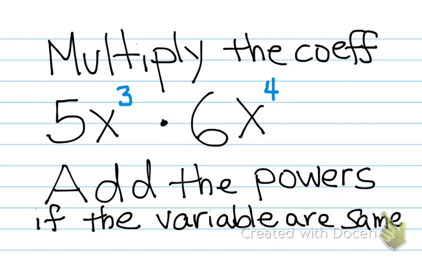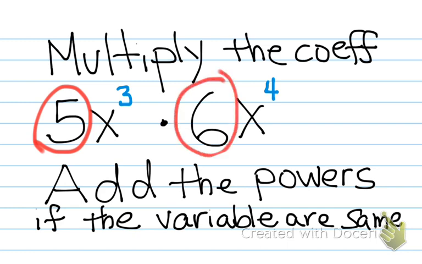Okay, so let's circle the coefficients. 5 is our first coefficient, and 6 is our second coefficient. And our powers, the first power is 3, and the second power is 4. Notice that the bases are exactly the same.